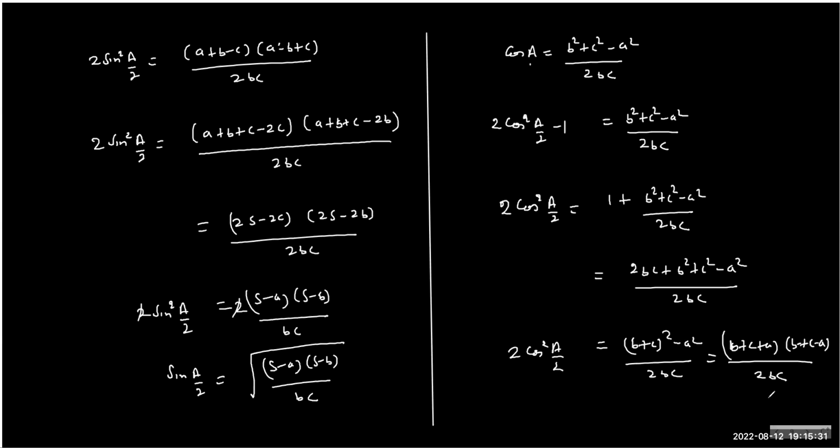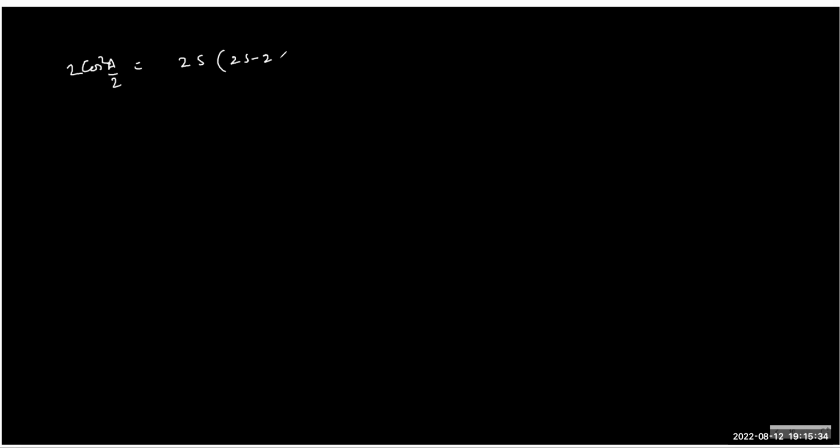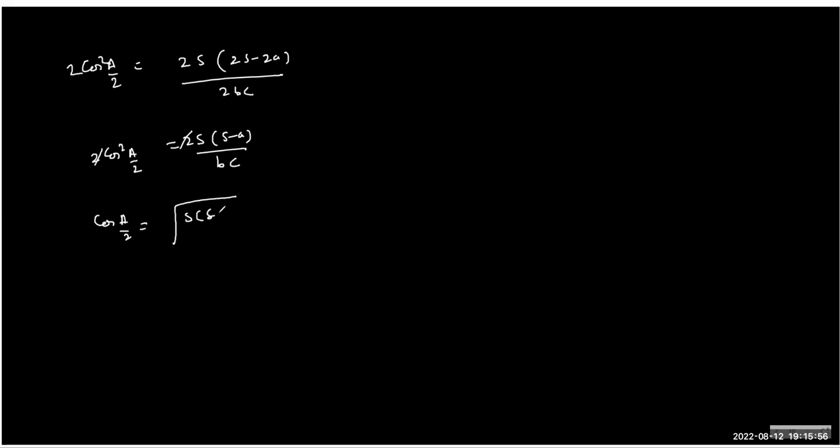So B plus C plus A is 2S, and B plus C minus A we can write as 2S minus 2A, upon 2BC, which is S into (S minus A) upon BC. So cos(A/2) turns out to be under root of S into (S minus A) by BC. Fair enough?